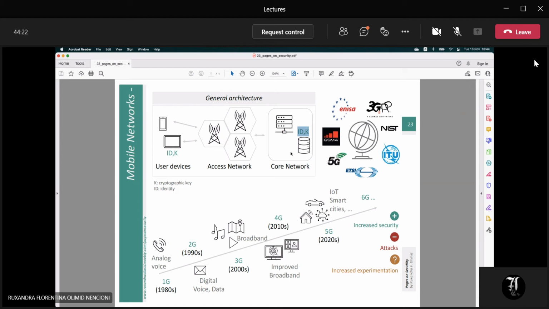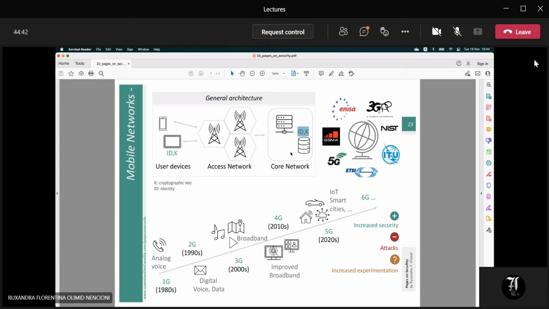Maybe you have experienced this: you go abroad and try to connect to some network, and it says you're not allowed to connect because that network doesn't have an agreement with your home network. So you cannot authenticate in that network with your SIM card.